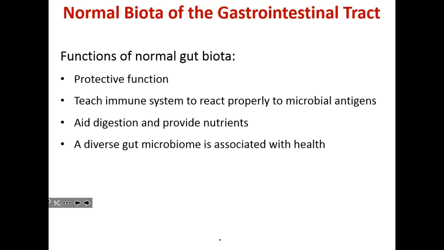Any molecule that elicits an immune response. So the normal biota also aid digestion and provide nutrients. And a diverse gut microbiome is associated with health.